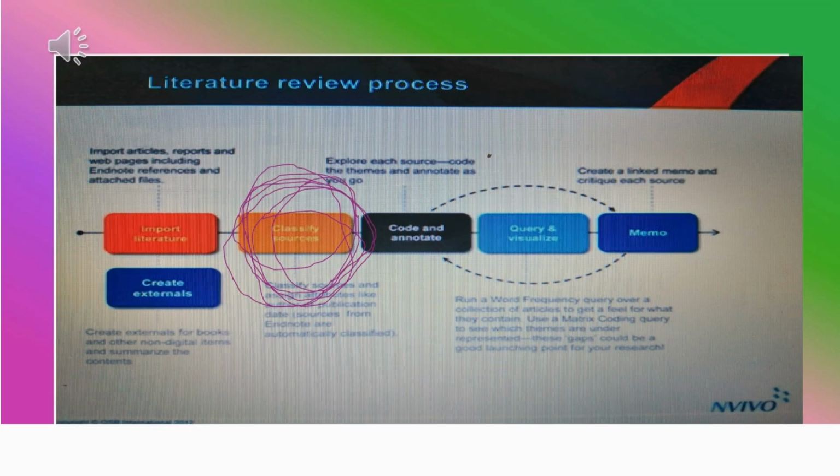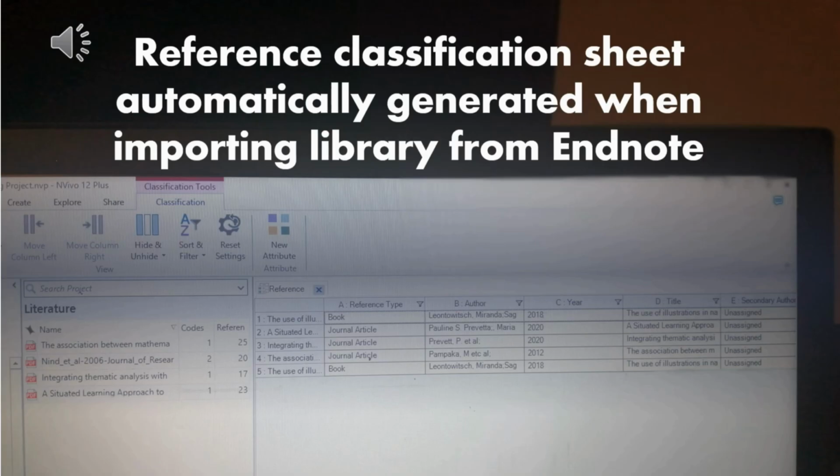Move on to classifying the sources. So the reference classification sheet is automatically generated when you import a library from EndNote. And you can see that here.